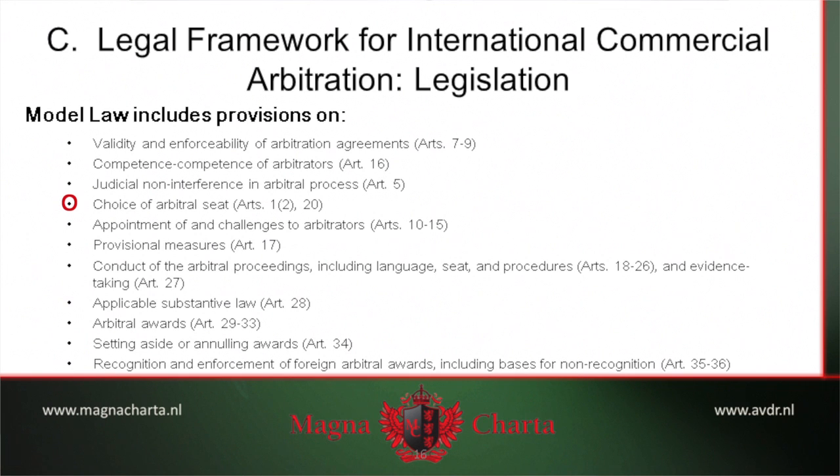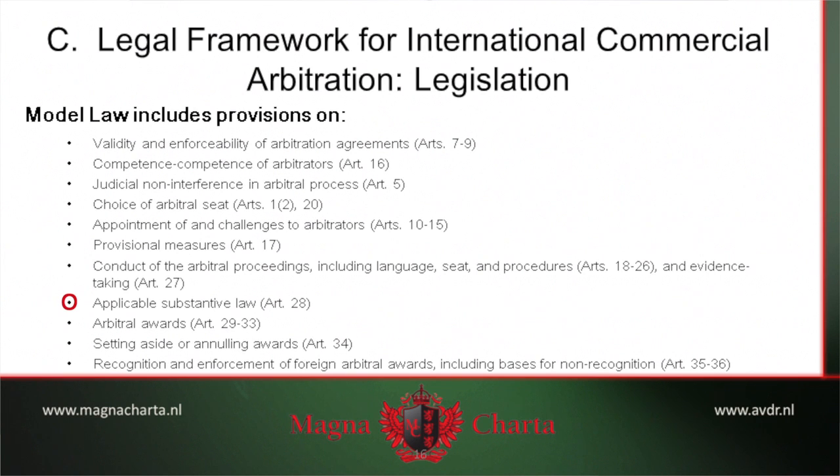There's a provision also, you can see it in Articles 1, 2, and 20, for the choice of the arbitral seat, provisions on the choice and appointment and challenge of arbitrators, Articles 10 through 15, provisions on provisional relief to freeze the status quo so the arbitral process can go forward, provisions on the conduct of arbitral proceedings, general procedural rules giving effect to the parties' procedural autonomy, requiring basic notions of fairness to be respected, and also specific provisions about submission of written pleadings and the like.